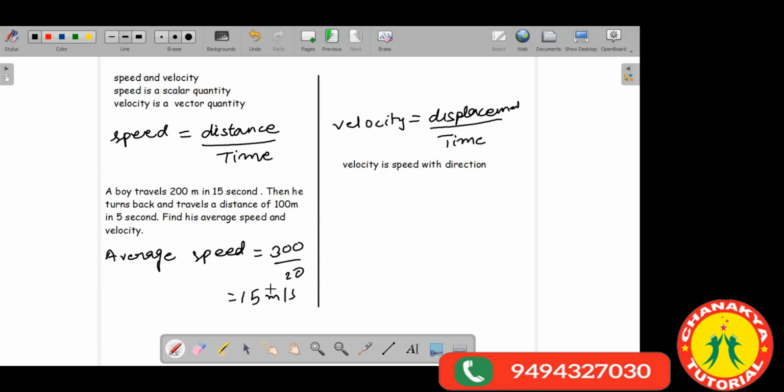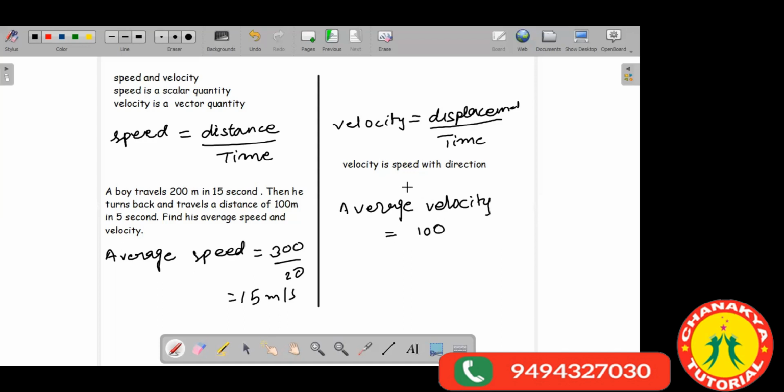And what should be the average velocity? I wasn't able to solve this part.